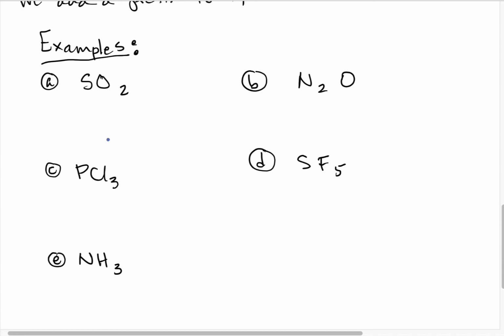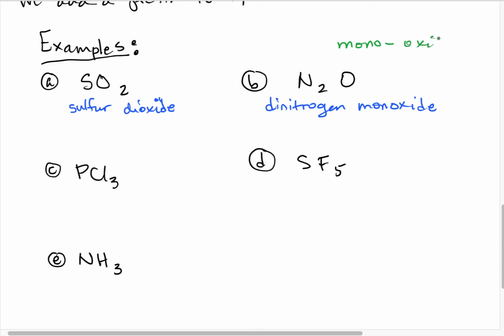All right, hopefully you paused and you took a chance to try these out yourself. So if you identified this first one as sulfur dioxide, that's correct. This is the only one with 2 in the first place here. So hopefully you named this as dinitrogen monoxide. Notice that even though the prefix here is mono for 1, when we add it to oxide, we just drop one of the O's and turn it into monoxide.